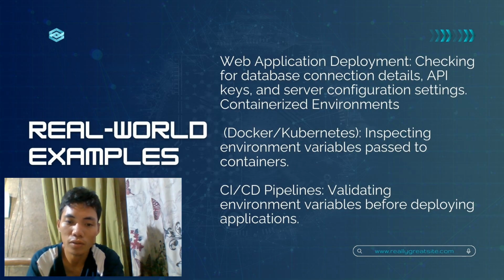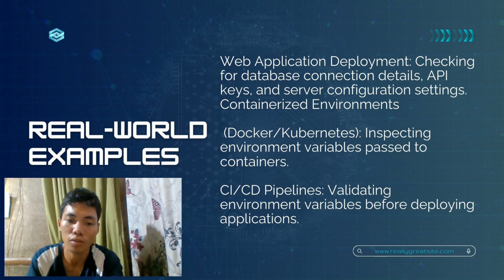Web application deployment: checking for database connection details, API keys, and server configuration settings. So we know that APIs are the most commonly used today, especially on online platforms like Shopee, Lazada, API integration, for example GCash payment.